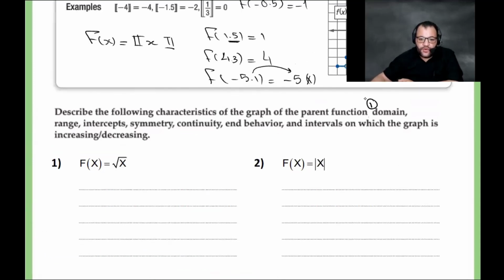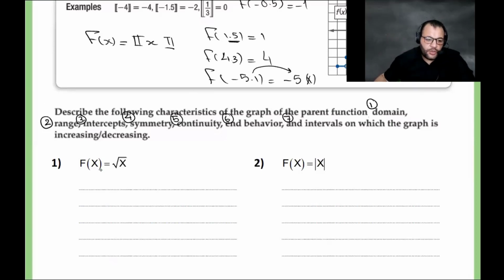Number 1, the domain. Number 2, the range. Number 3, the intercepts. Number 4, the symmetry. Number 5, the continuity. The function is continuous or discontinuous. Number 6, the end behavior. Number 7, the intervals of increase or decrease.